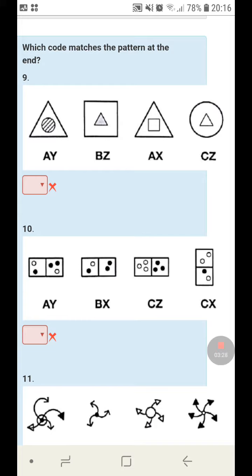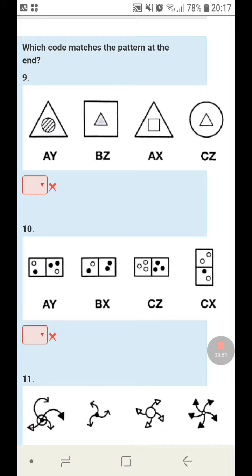So we're not sure. Now, because BZ and CZ both have a small triangle inside, regardless of what pattern fills the triangle, they're all Z. So therefore, Z means the small triangle, regardless of the pattern or texture inside.